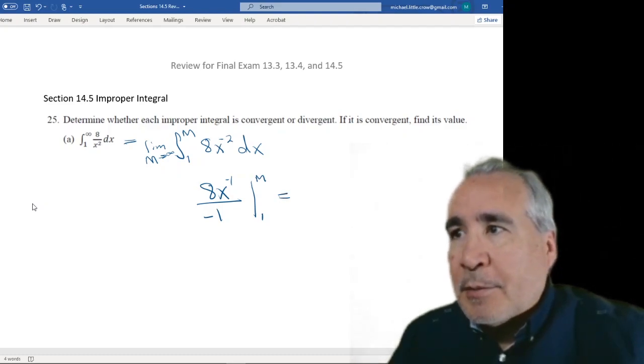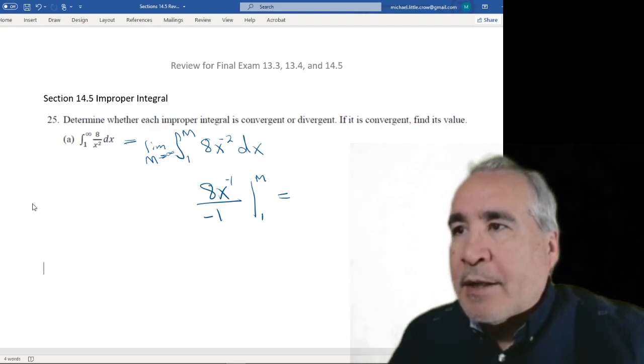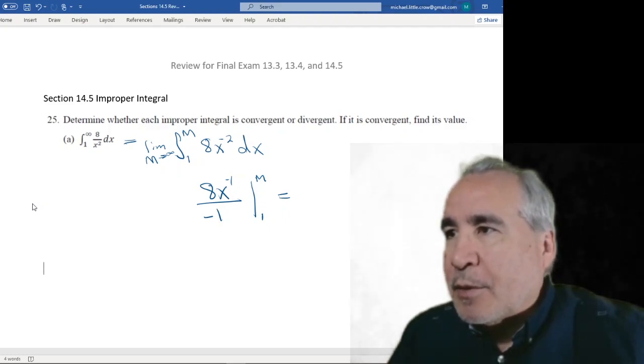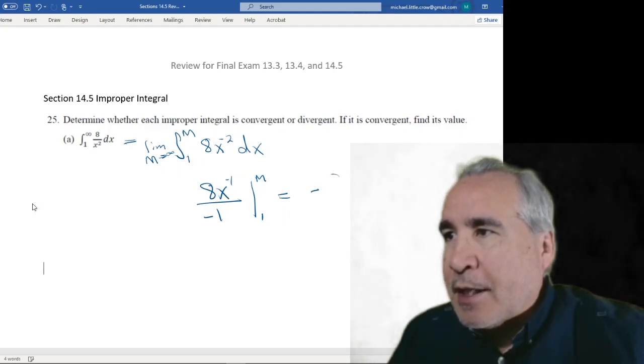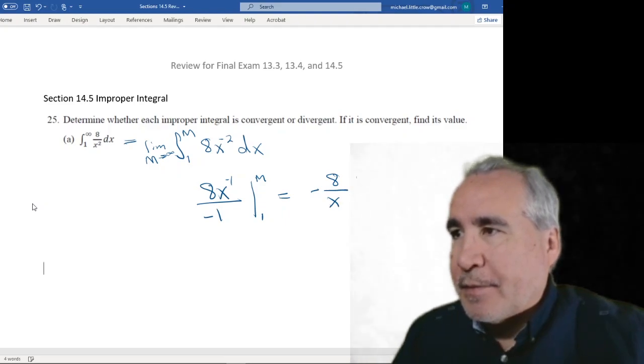Using the fundamental theorem of calculus, we plug in these limits. We rewrite this as negative 8x to the minus 1, and I'll rewrite it with the x in the denominator: minus 8 over x, going from 1 to m.